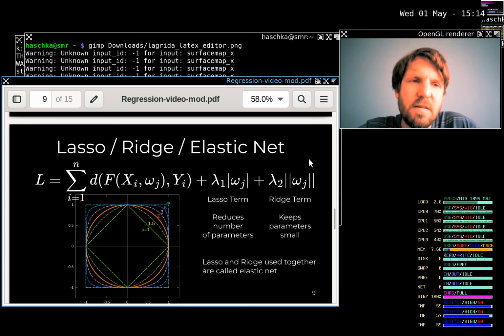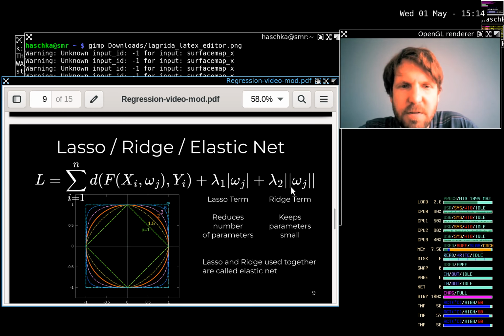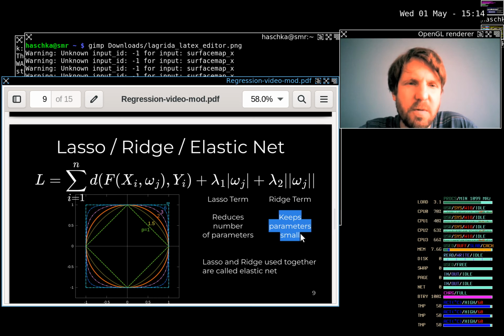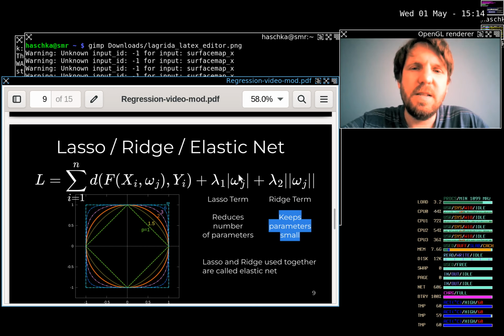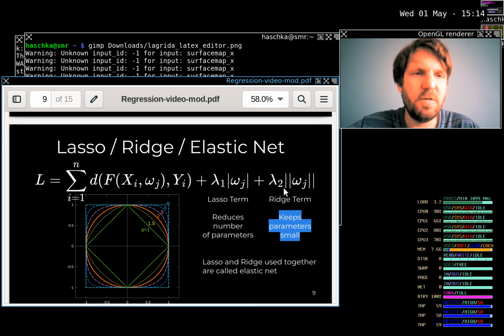What this sphere term does, as it says down here, is keep the parameters small, because the bigger the parameters, the bigger my loss function is. It's as easy as that. Here it selects only those that really have some importance. Of course you have to decide what you set lambda 1 and lambda 2 to; this is up to your choice. But these are things that you can tune. So why do you want this?